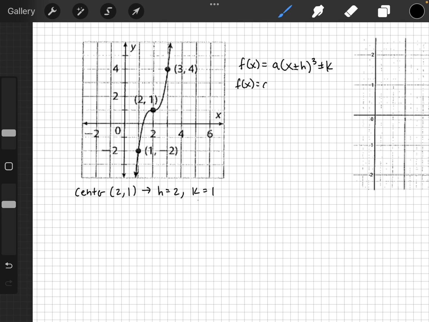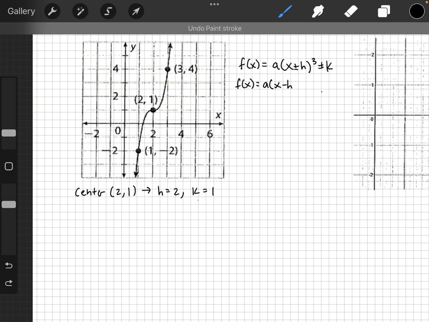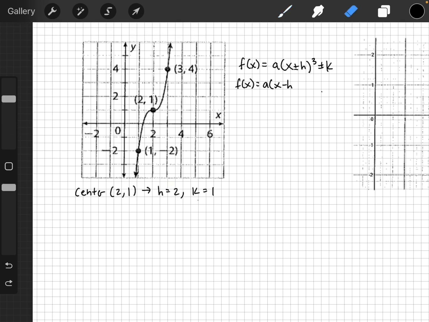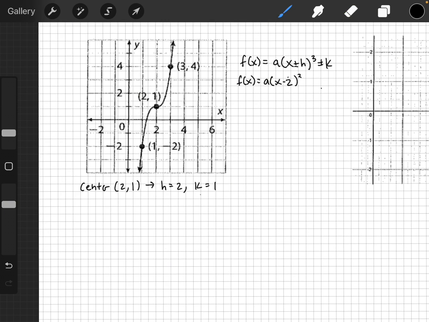So we have f of x is equal to a times (x minus h), because we take the opposite. If this is positive here, we'll put a negative sign. H is 2, to the power of 3 plus 1.